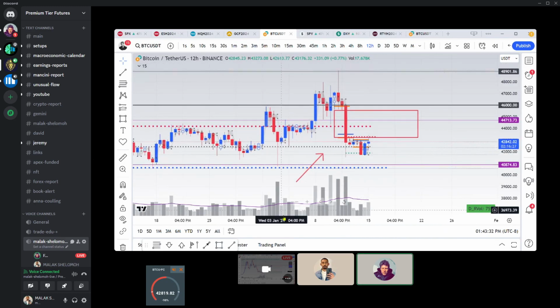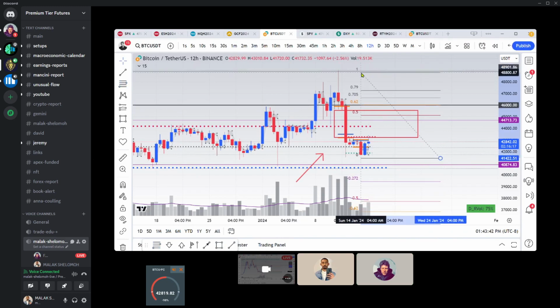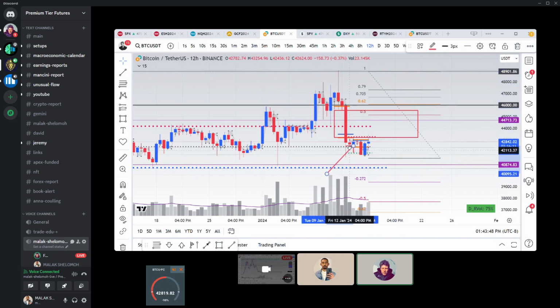And then if we run a fib on that, going from the top to the bottom, this could be bullish up into the FVG. I mean, it could easily test the top.